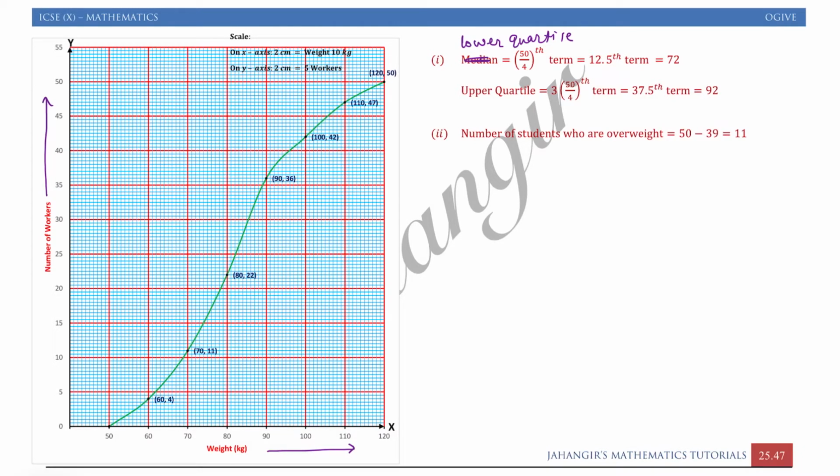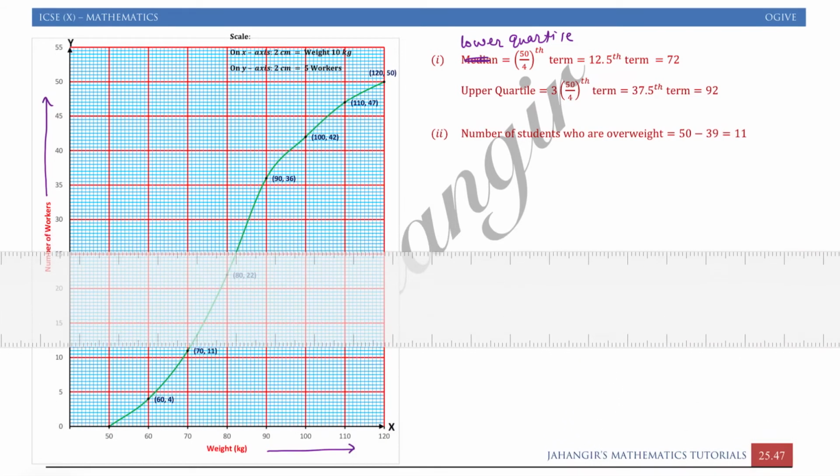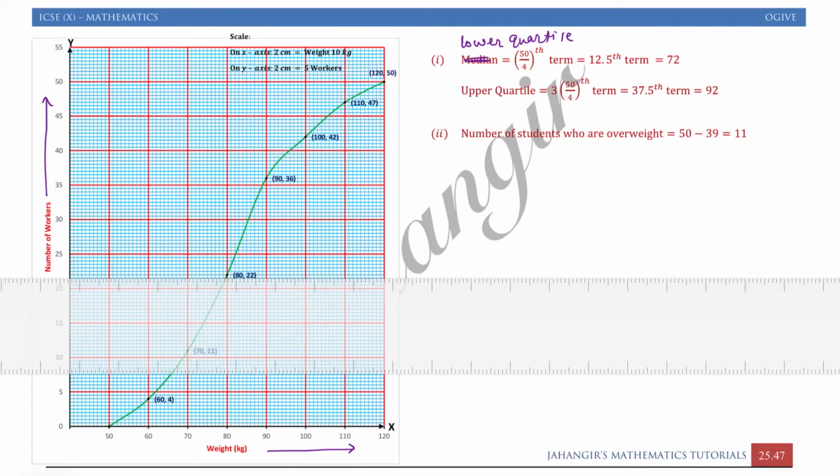So we will do 50 by 4. That is 12.5 term. So 12.5 we can find out from the y-axis. 12.5 is between 10 and 15.